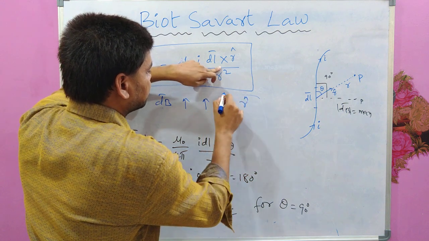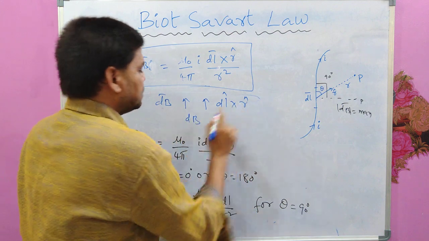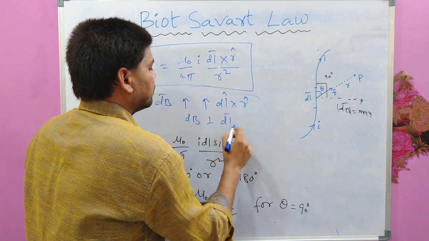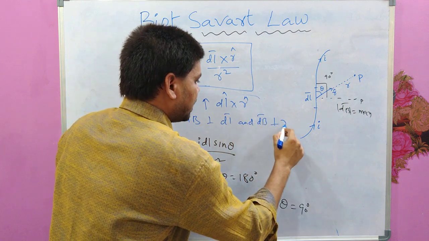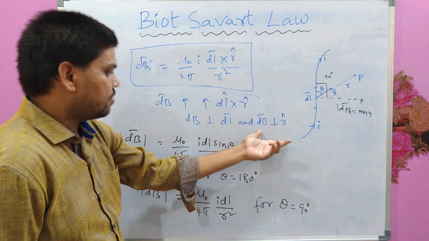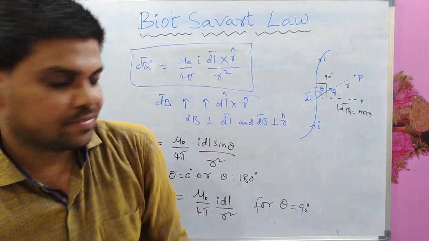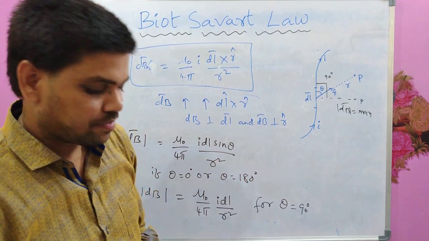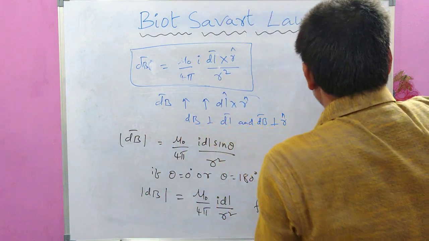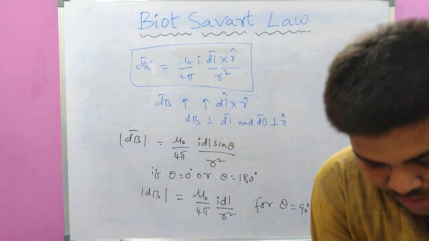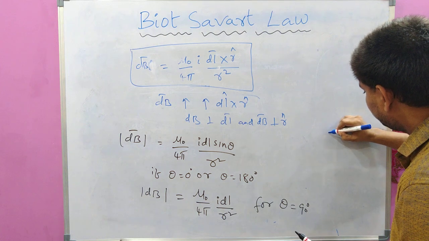We can write like this, dB in the direction of dl cross r, and dB is perpendicular to dl and dB is perpendicular to r cap. This we have already discussed. And how to predict the direction basically. So for that, I will make use of one small picture to make you understand the direction of the magnetic field due to a small length.